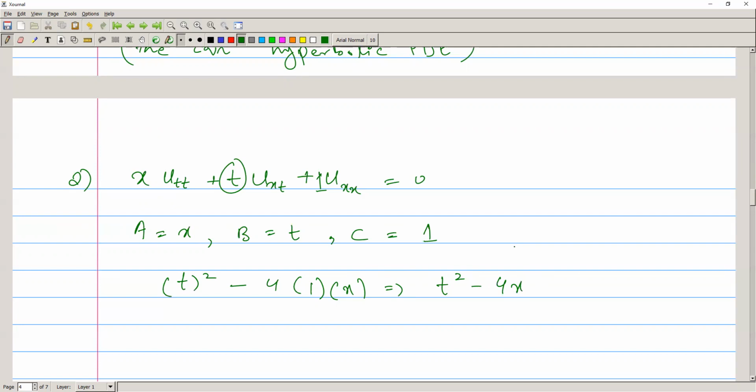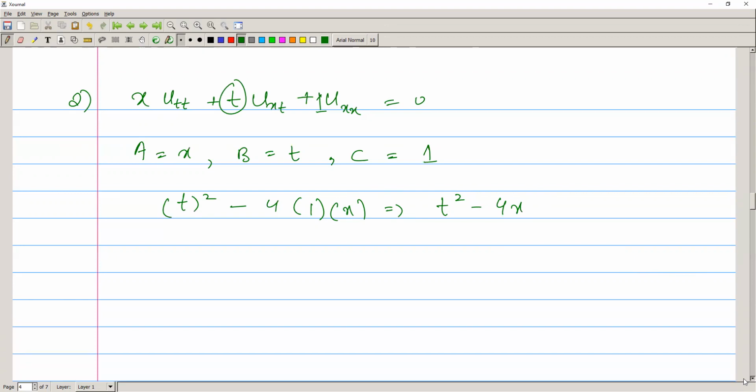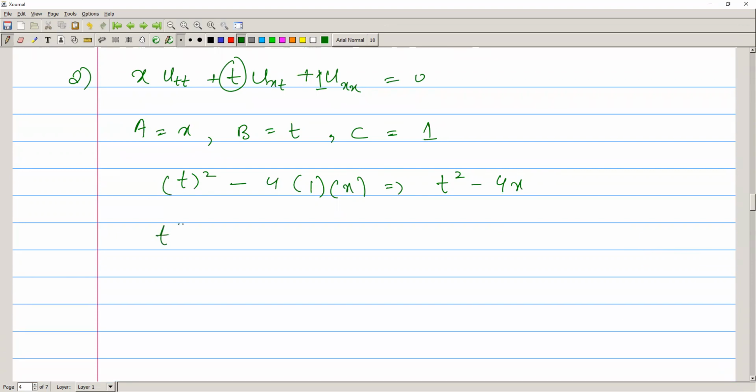Now again, we have to check how this will work, right? If t squared is equal to 4x, it means that b squared minus 4ac is equal to 0, so it will be parabolic.